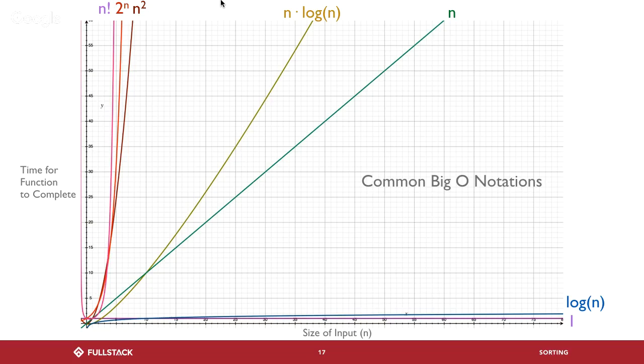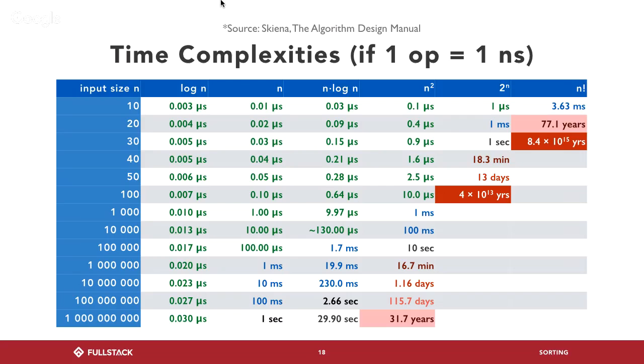So just to get an idea of why this becomes problematic, we're really looking at the number of operations that it ends up taking us to get a result.